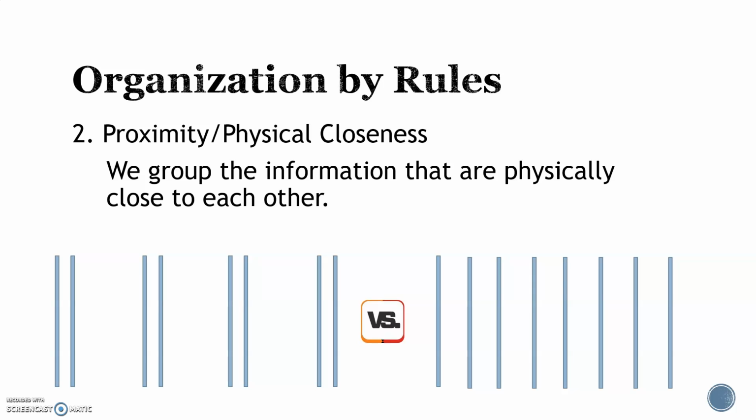So you may want to first start with some European countries and memorize all the countries located in this area of the world, and then move to the Africa part, and then the Asia part, and then North America and South America. So this way of memorizing the countries actually reflects this rule, which is we tend to group or structure the information by where it is. We tend to group the information which is physically close to each other.